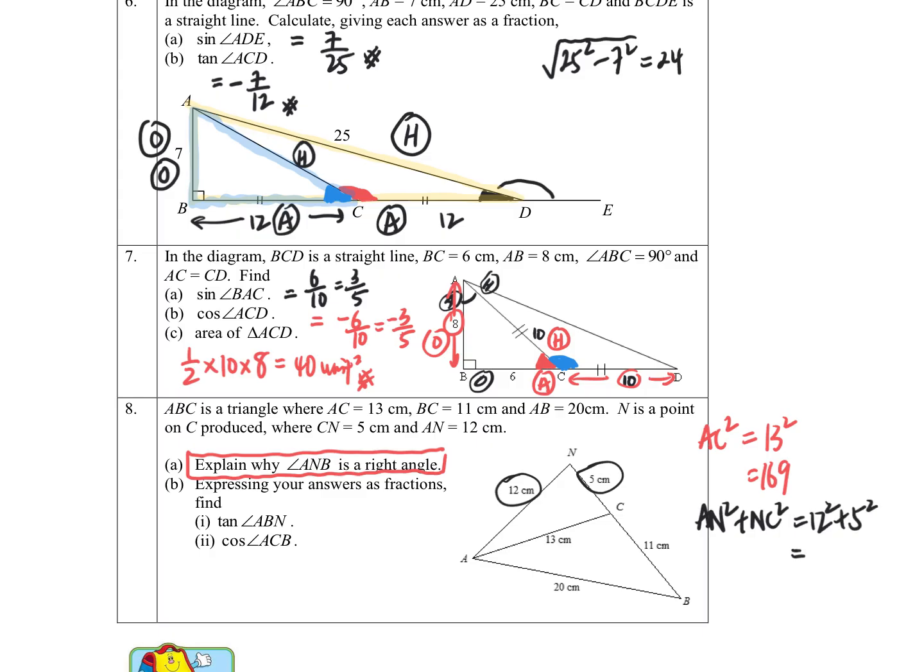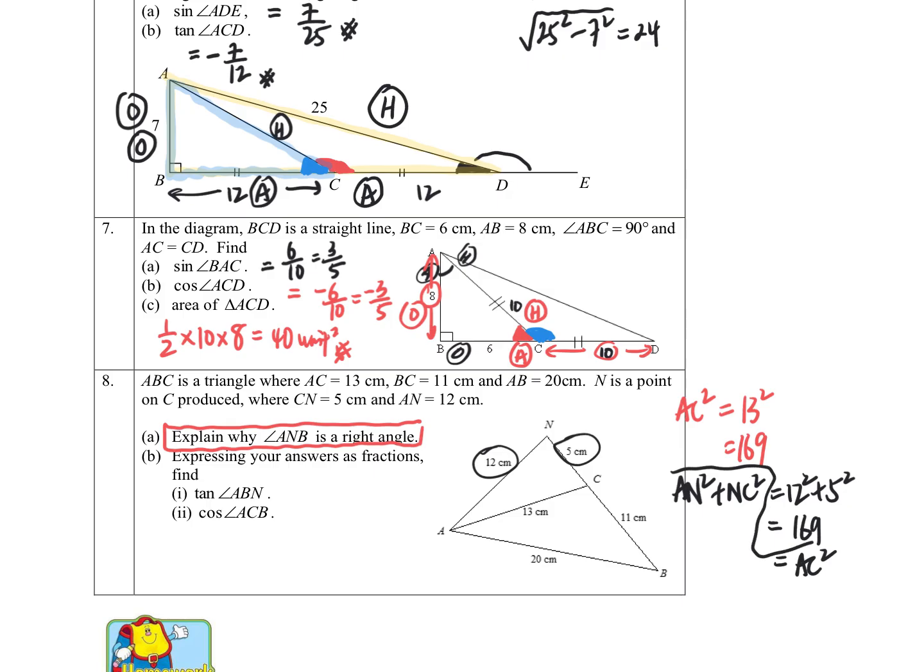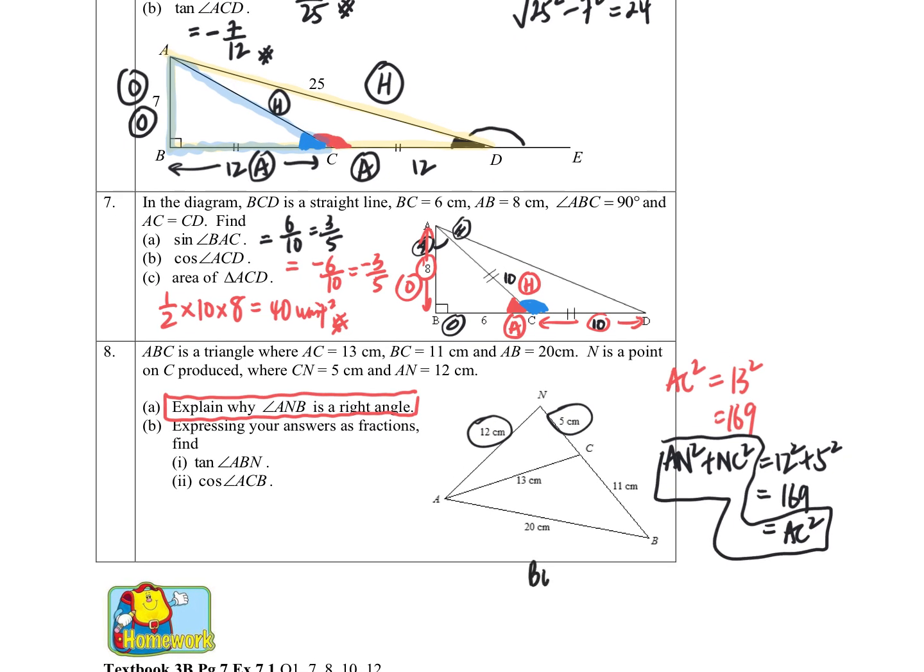So you cannot tell me straight away 12 squared plus 5 squared equals 13 squared. That's not proving, you're just stating it. Okay, so 12 squared plus 5 squared is 169, which you realize is equal to AC squared. So if you can establish this equivalence, then you can quote by converse of Pythagoras theorem. By the opposite direction of Pythagoras theorem.